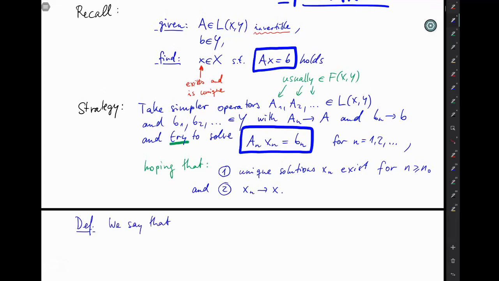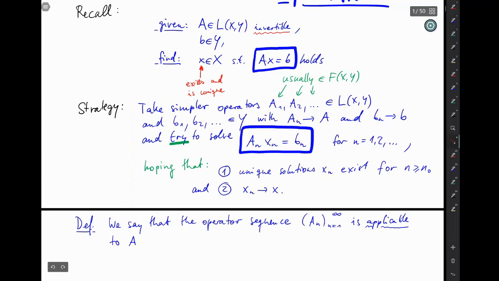We say that the operator sequence An is applicable, you could also say applicable, both are fine, to our operator A, if the strategy that we wrote down above is working out, which means our two hopes 1 and 2 are coming true, for every right-hand side b, and all sequences of right-hand sides approximating b that are used here.